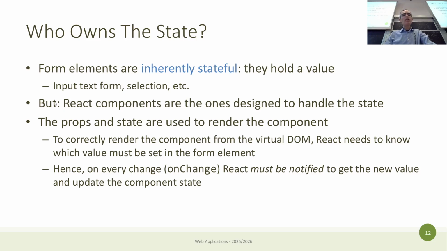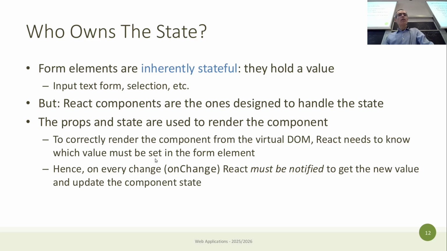But here we have the issue, right? We saw last lecture that React components are the ones designed to handle the state. But now we have a problem: the state stays inside the DOM element inside the browser. How can we handle the situation? The point is that React assumes that props and state from React are the ones used to render the component.